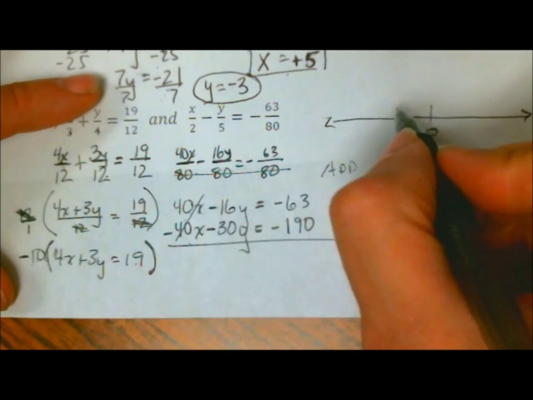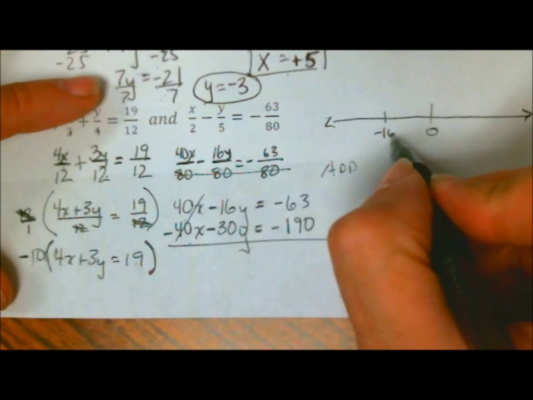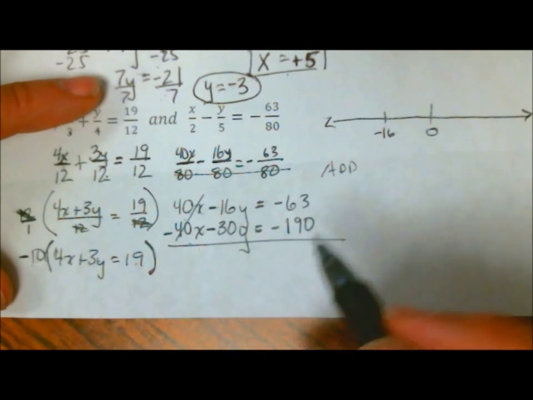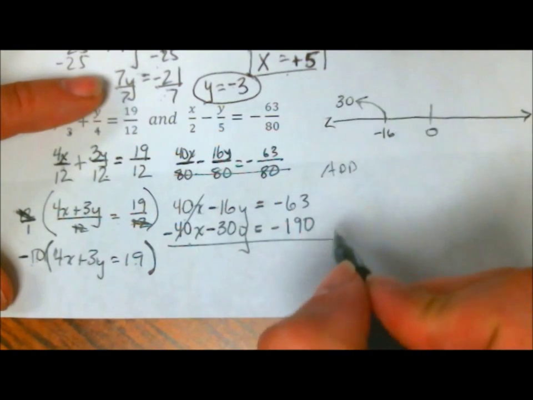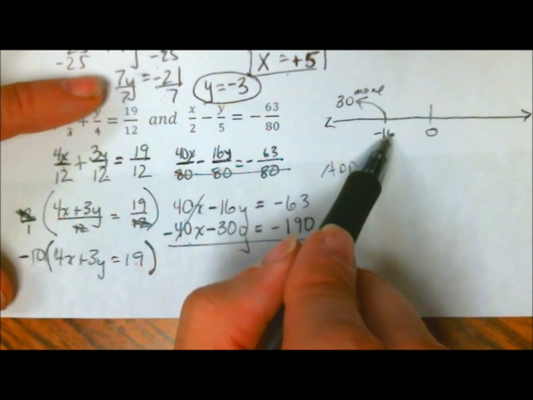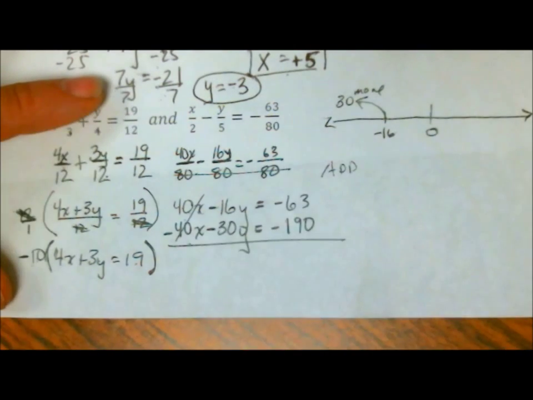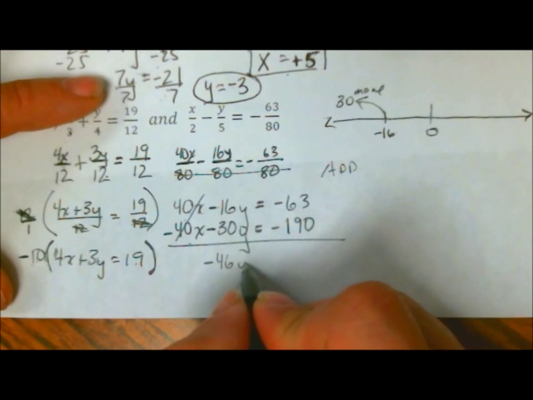If I start at a negative 16 and I have negative 16 y's and I subtract 30 more y's, I'm going to go this direction, 30 more, which is essentially 30 plus 16, but it's in the negative direction. So this is a negative 46y.